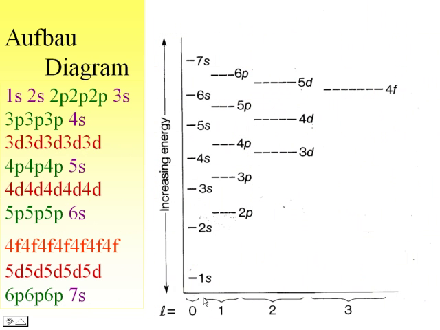Here is the Aufbau diagram, and it shows that as you go up, you increase in energy. As you go out, it shows the order in which they fill. We'll come back to that.